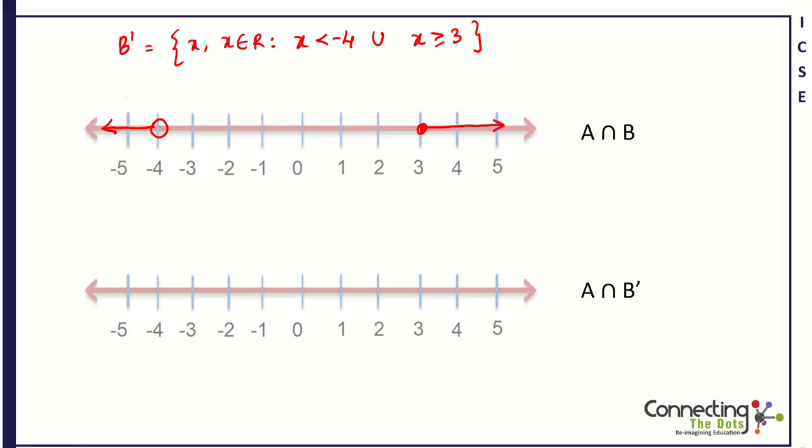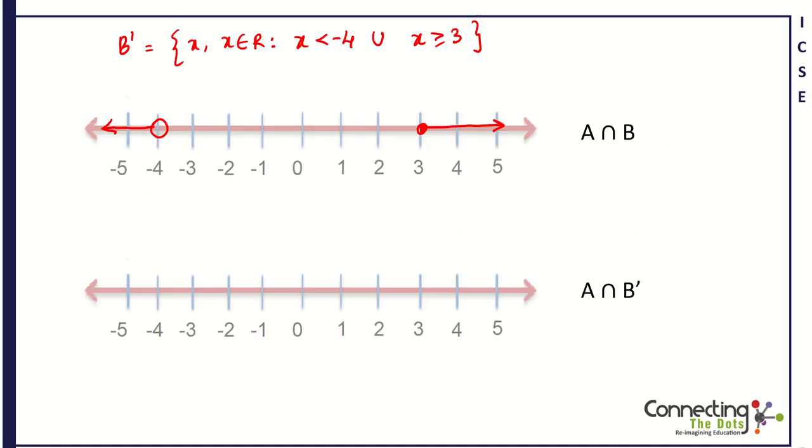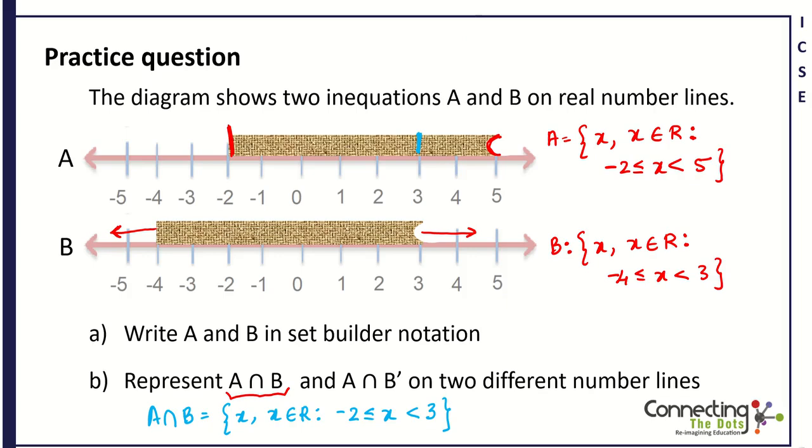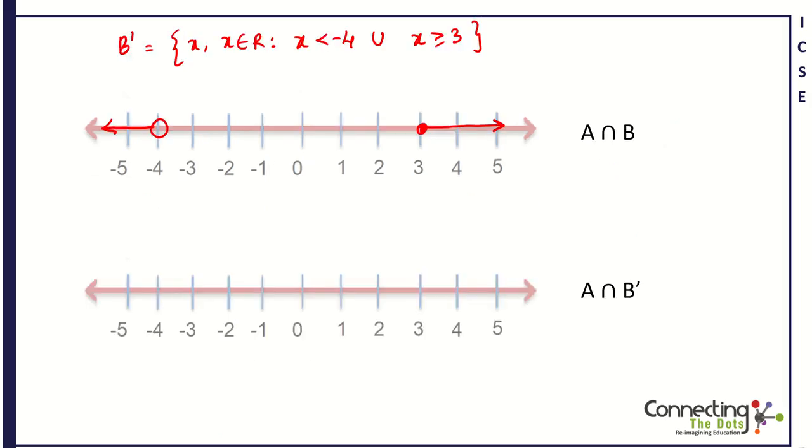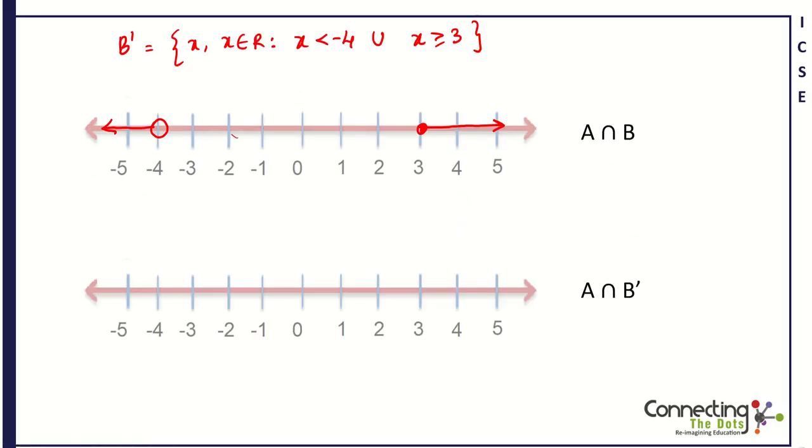And what is A? Let me draw A as well. A is between negative 2 and 5. A would be with a different color, that will help. Negative 2 is included, 5 is not.